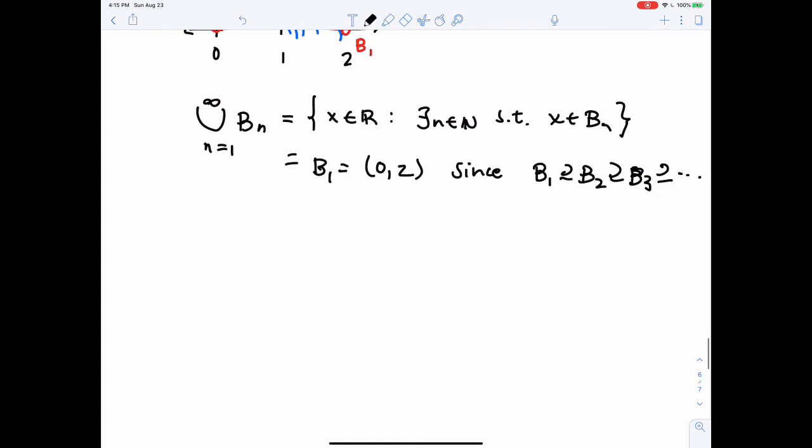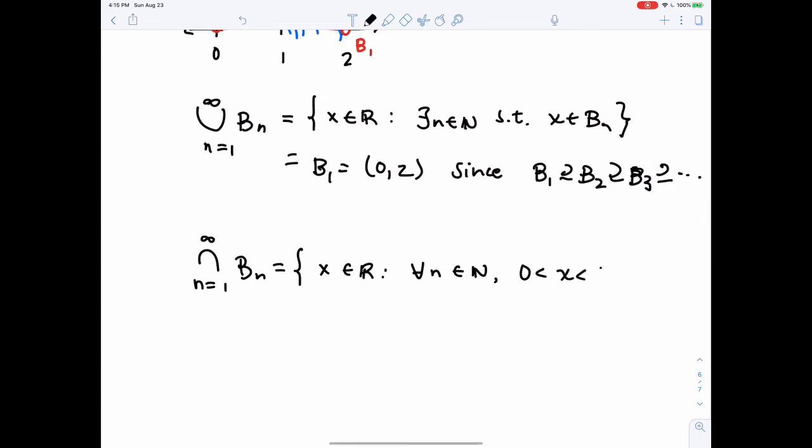I want to focus our attention on the intersection. Now the intersection is supposed to be the x's that are in every Bn, and one way I can write this is in its inequality form. So I'm trying to say that for all little n in the natural numbers, 0 has to be less than x, which has to be less than 1 plus 1 over n.